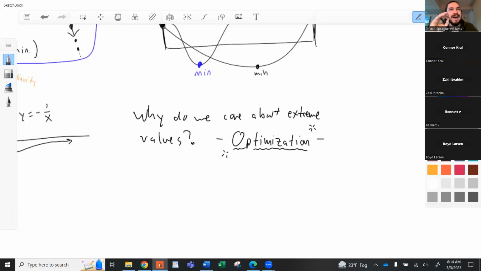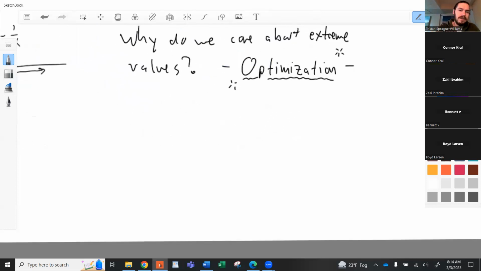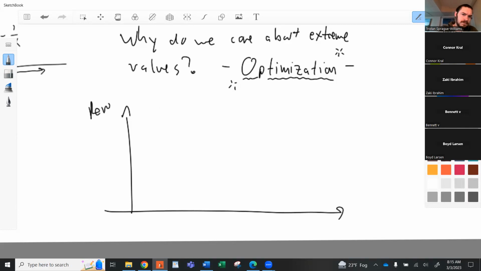How do you optimize? So for example, say you have a function, it's like a revenue function, and this is your production level. If you produce nothing, you make no revenue.